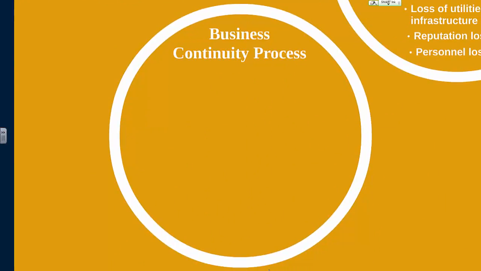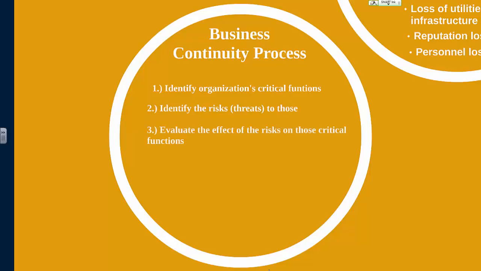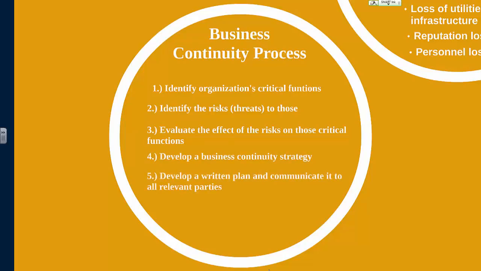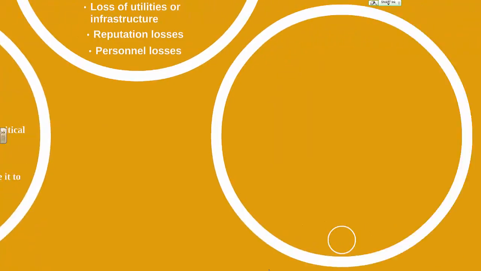So the business continuity process, very similar to the risk management process in general, is to identify the organization's critical functions, identify the risks or threats to those, evaluate the effect of those risks on the critical functions, and then develop a business continuity strategy, and develop a written plan and communicate it to all relevant parties.